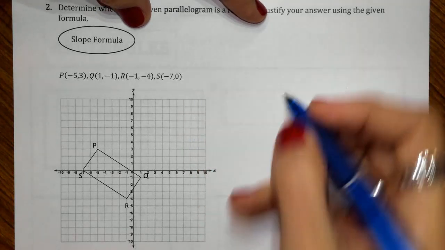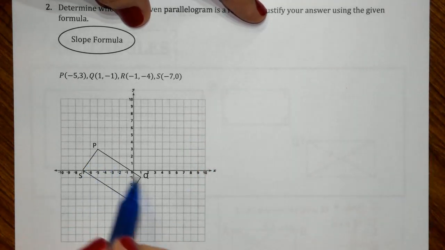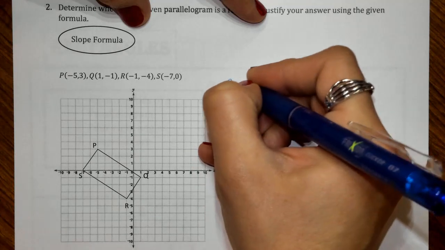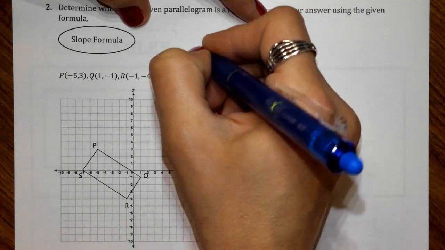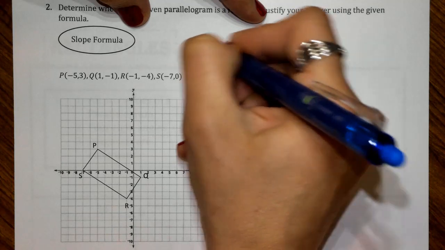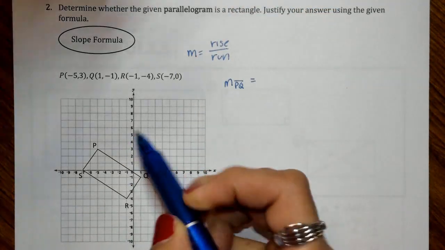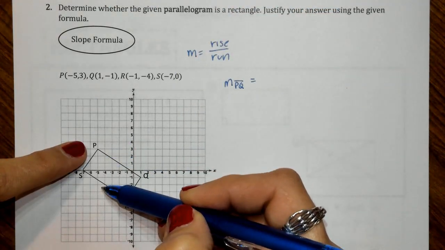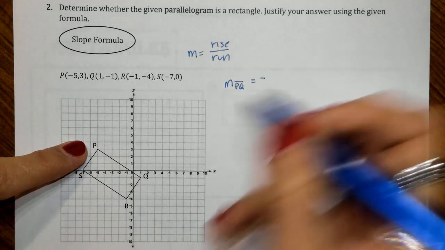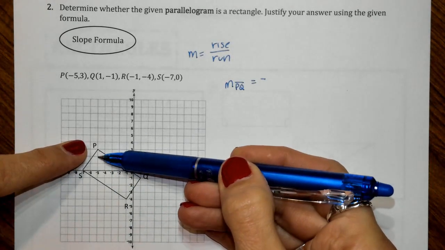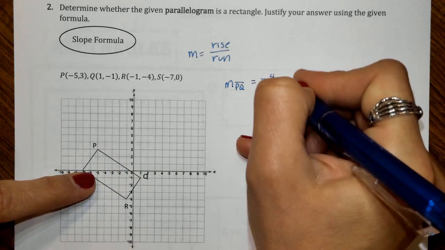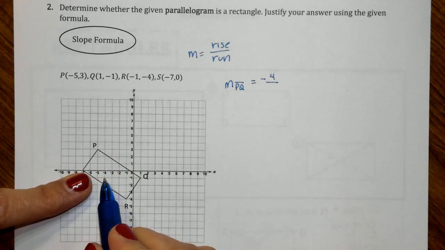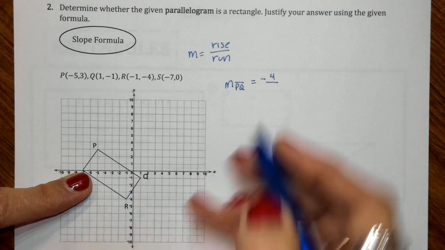Let's take a look at the slope of PQ right here. If we do our rise over our run, since we have the graph, we're going to notice we're going downward, so we are going to have a negative. We go down 1, 2, 3, 4, so negative 4, over a run of 1, 2, 3, 4, 5, 6.